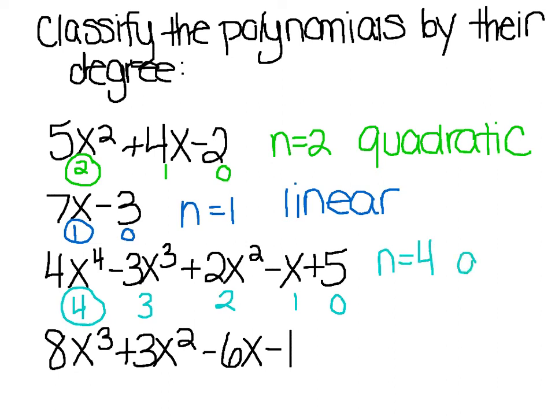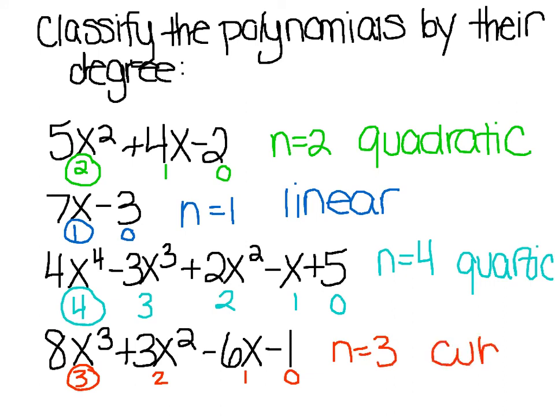This is called quartic. And lastly, looking at the other example, we have 3, 2, 1, 0. My degree is 3 because that's the highest, so this one's called cubic. Please know these names by heart. You need to memorize them. They are important.